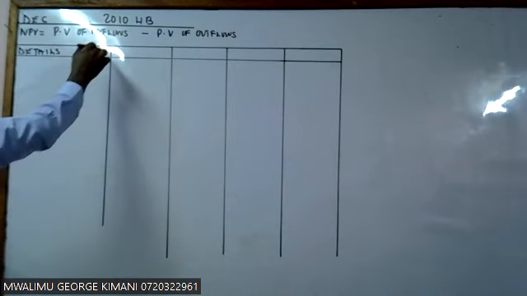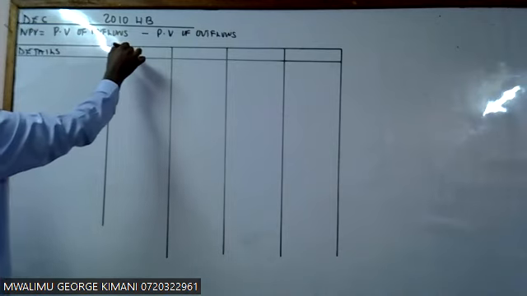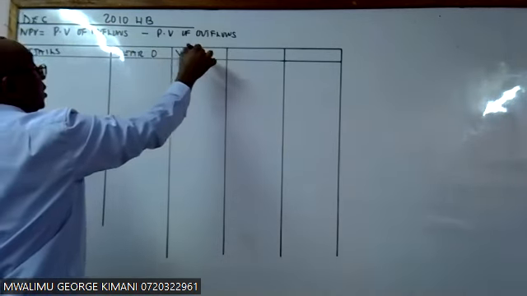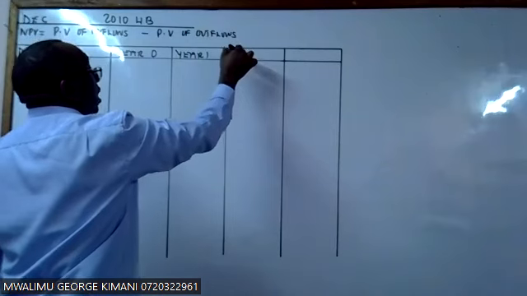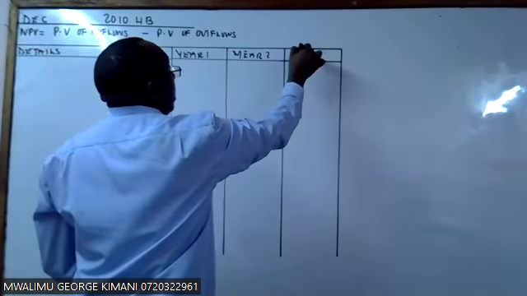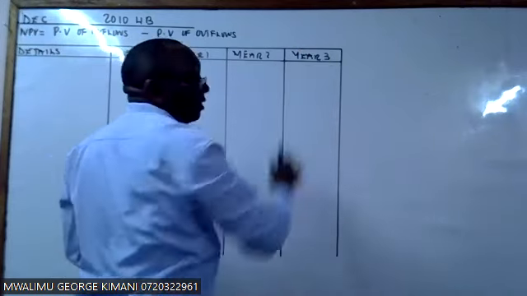So we have year 0. We have year 1. We have year 2. And we have year 3.